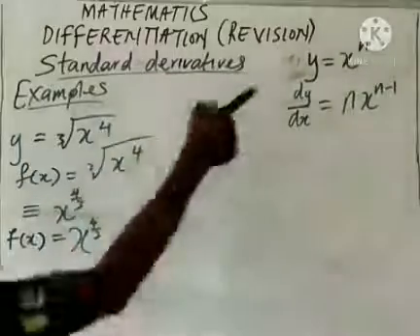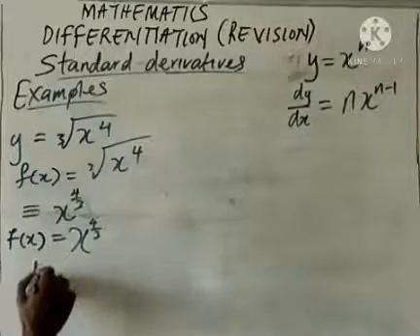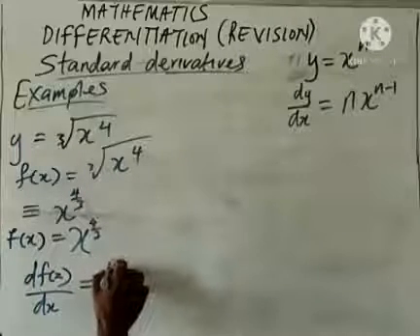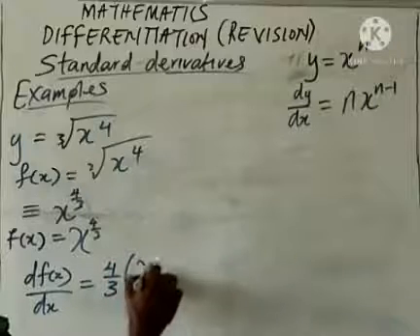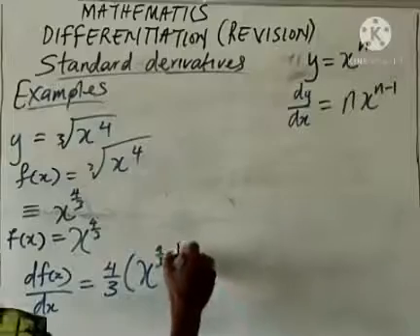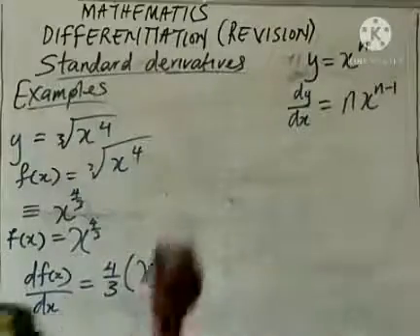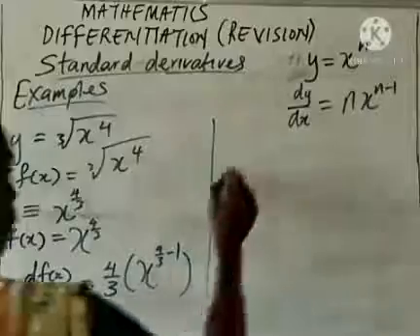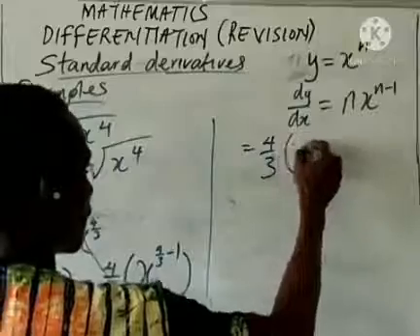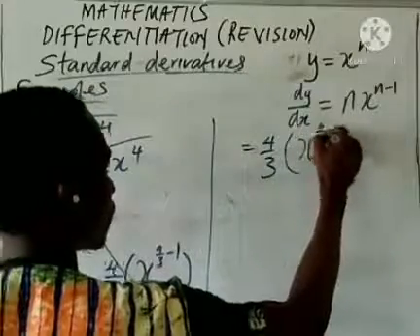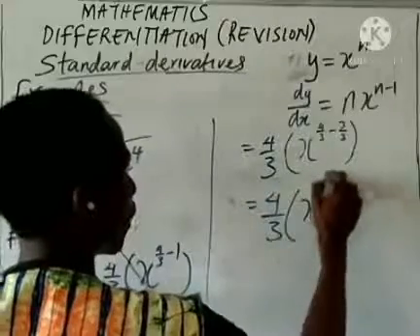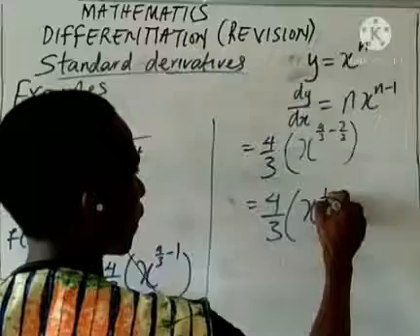So using this procedure now, I'll be having f of x over the x, where the power will come to the front to multiply x raised to power 4 over 3, and the power of what? Minus 1. Now, all that I have to focus my calculation on is the calculation of the power. Now I'll be having 4 over 3 to multiply x raised to power 4 over 3 minus 3 over 3, giving me x raised to power 1 over 3.